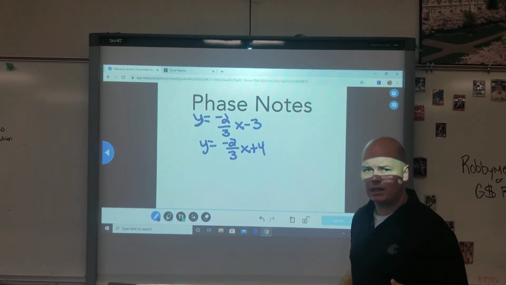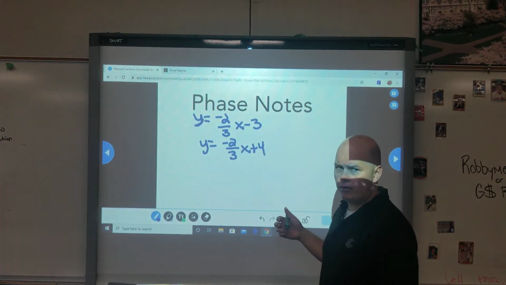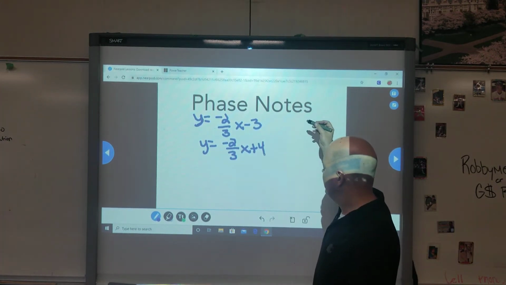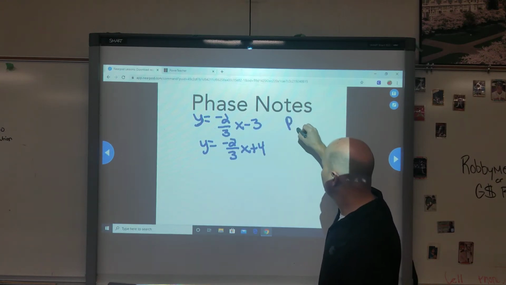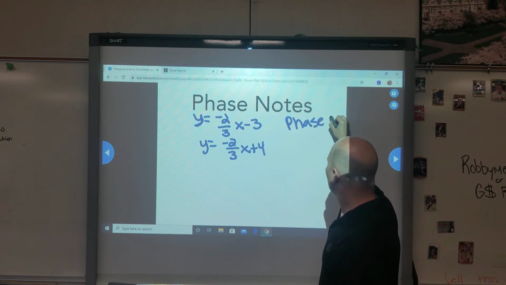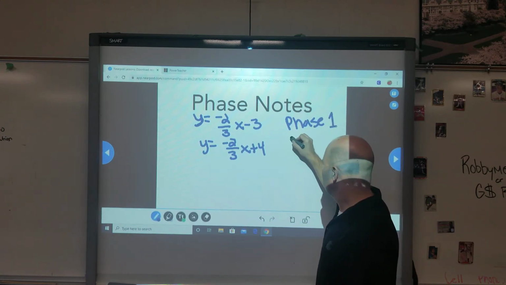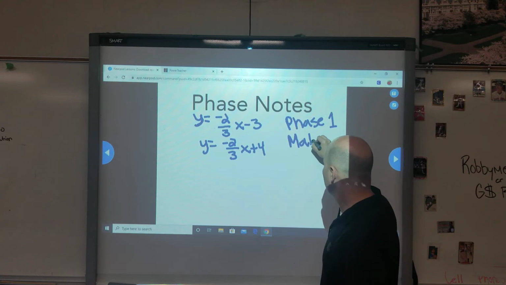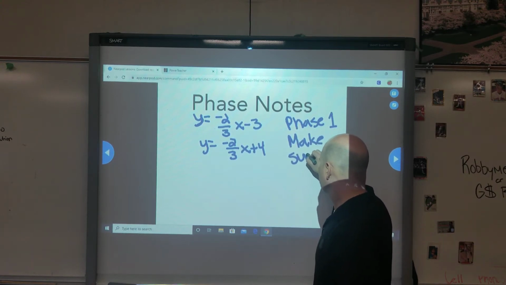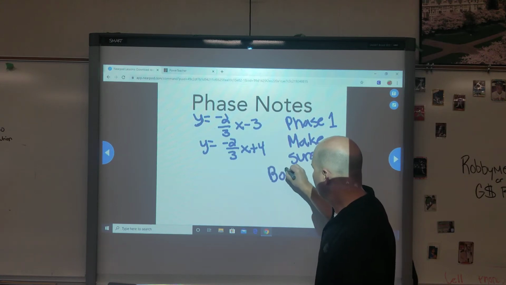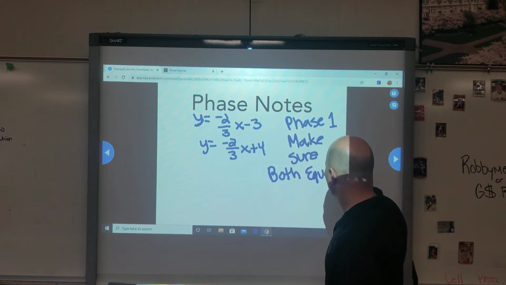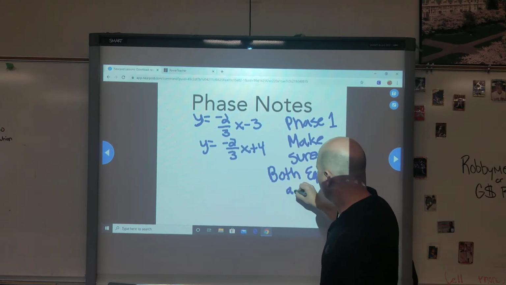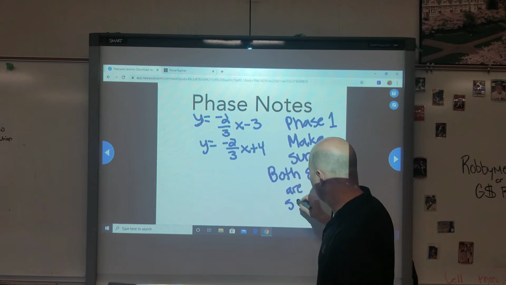Now, this is a pretty basic level equation, but when we're looking at our phase notes, our first step is going to be to make sure both equations are simplified. So phase 1 would be: make sure both equations are simplified.